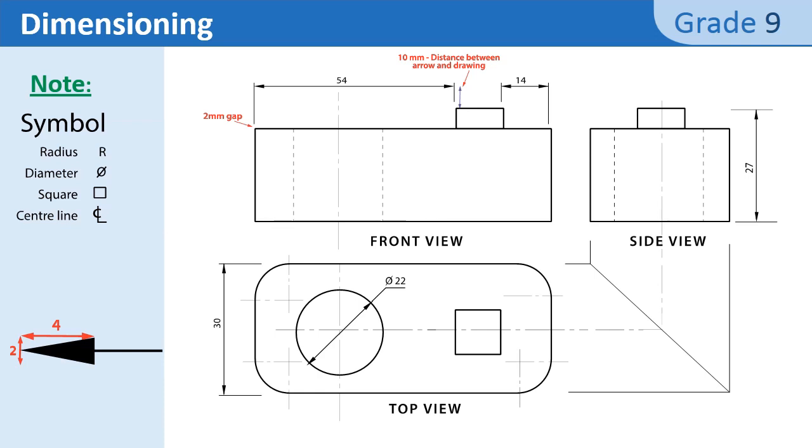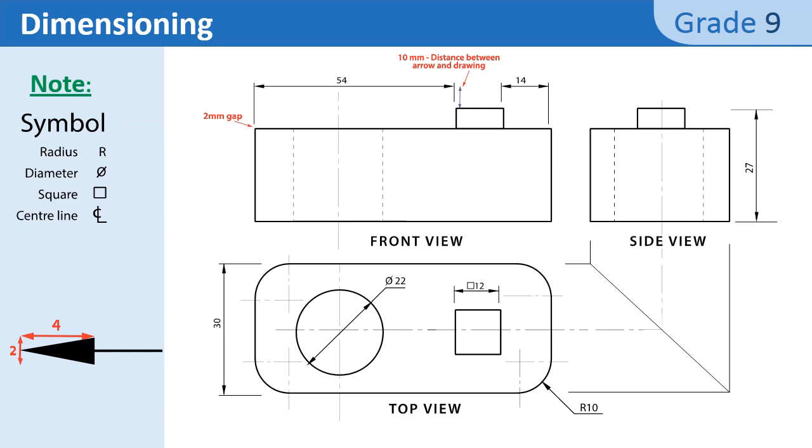For the square appearing in the top view, you just have to label only one side, but the symbol of a tiny square must be included beside the number. And finally, for the tiny arc, it is quite the same as for the diameter of the circle, except that here the arrow will touch the outside of the arc, and the symbol used here is radius.